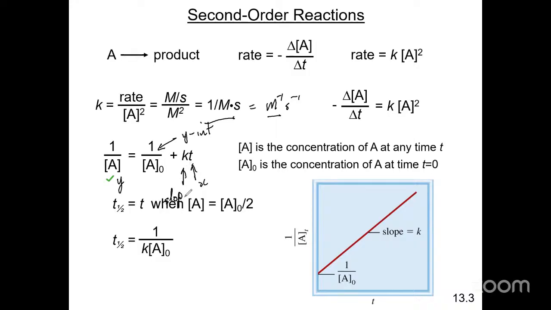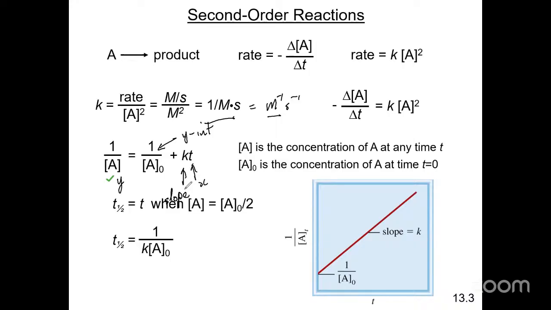So if we know what the concentrations are at different times, we plot 1 over the concentration versus time. You're going to get a straight line graph for which the slope would be equal to the rate constant, and the intercept would be giving you the 1 over the initial concentration of A. All right? So that's basically it for the second order reaction.